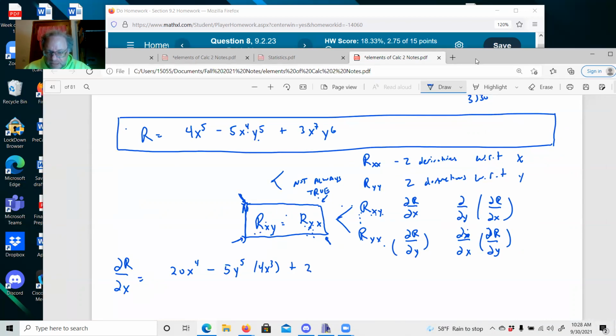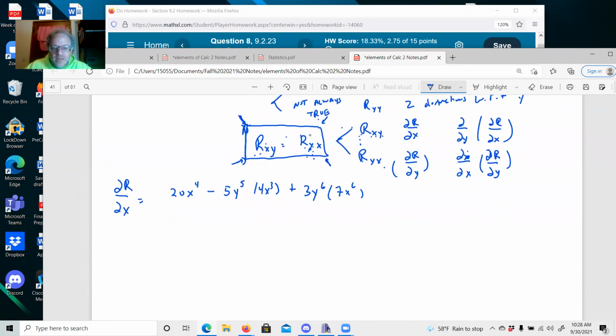So this is going to be 3y to the sixth, and when we take that derivative, that's going to be 7x to the sixth. So let's regroup here. We have 20x to the fourth minus 20x cubed y to the fifth plus 3 times 7, 21x to the sixth y to the sixth. That is equal to the partial of r with respect to x.